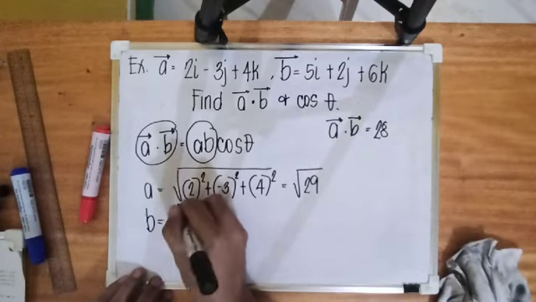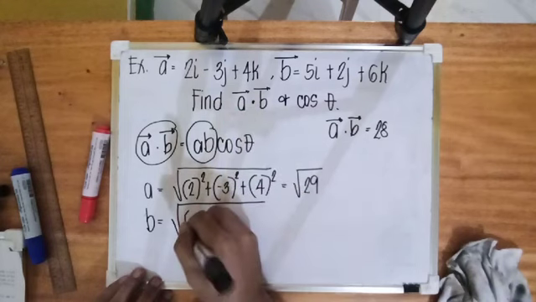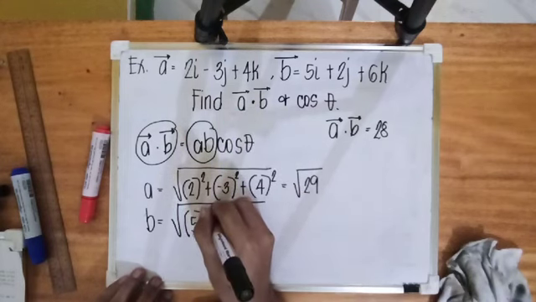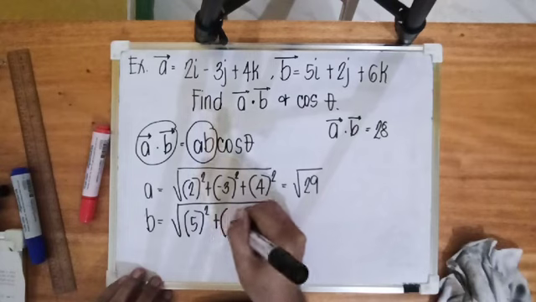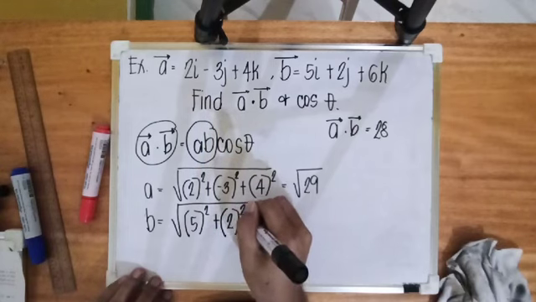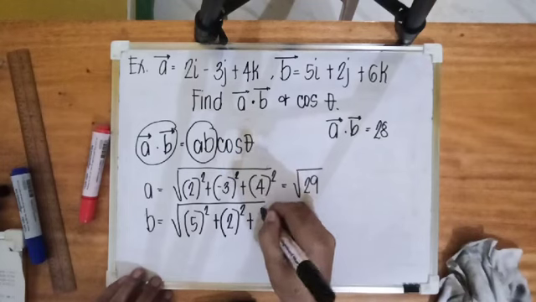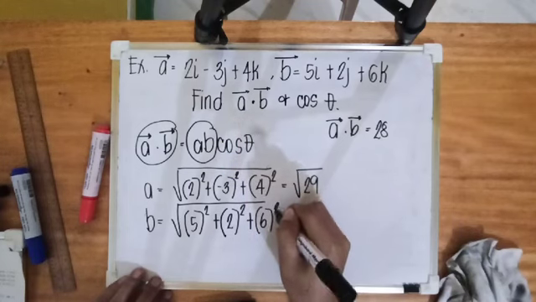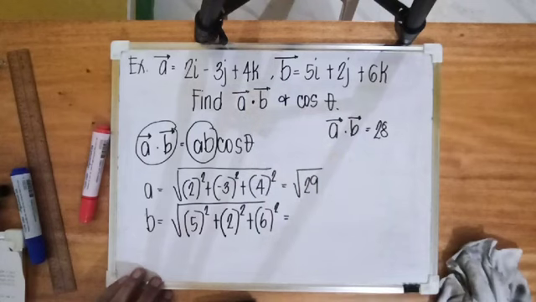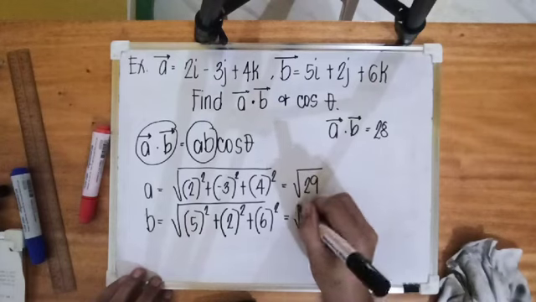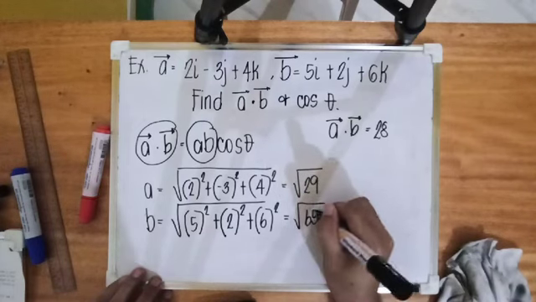And for the magnitude of our vector B, 5 squared plus 2 squared plus 6 squared is equal to the square root of 65.